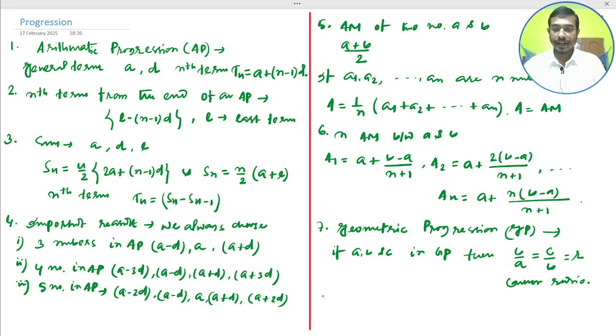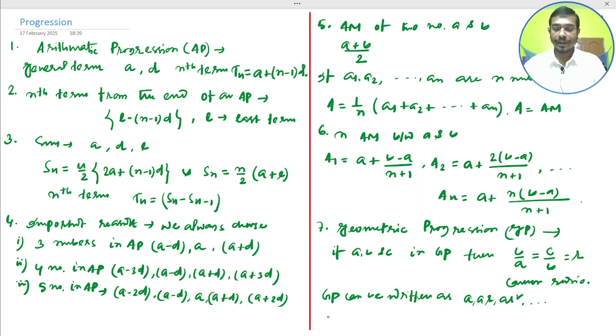GP can be written as A, AR, AR square, dot dot, where A is the first term and R the common ratio.